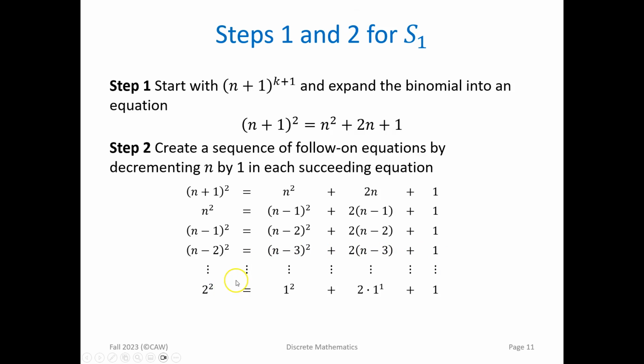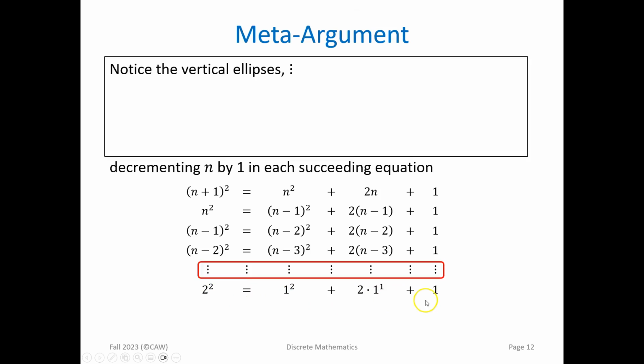And we'd have to keep going until we reached 2 squared. So that's the point where we stop. And we stop there because we're already going to be at 1 squared on the right side. So we stop at 2 squared on the left side, and we're at 1 squared plus 2 times 1 to the first plus 1.